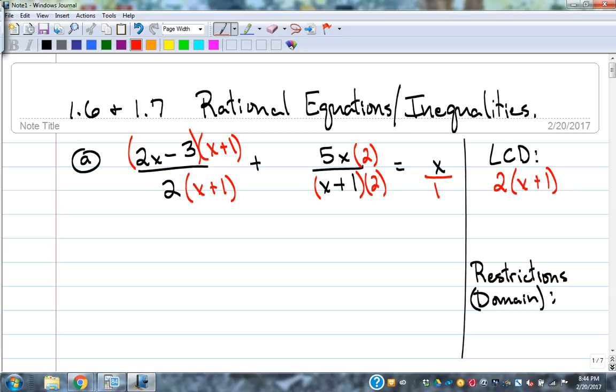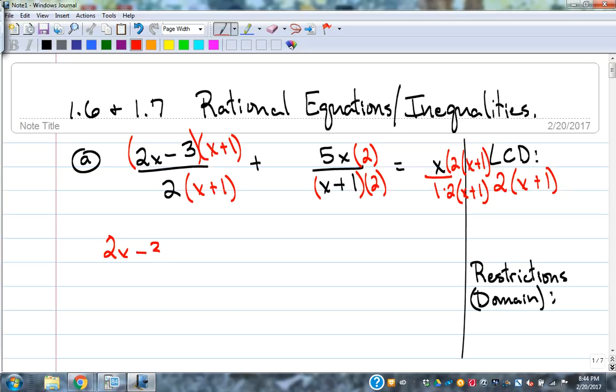The third fraction, however, needs both of them: a 2 and an x plus 1. We need to multiply 2 and x plus 1. I'm going to multiply out the numerators. The denominators don't matter. So the top part, we got 2x.